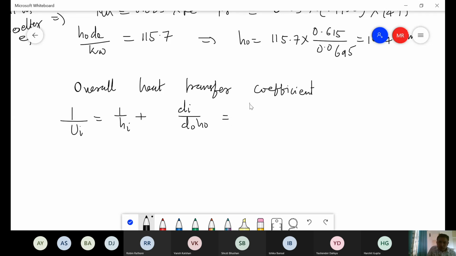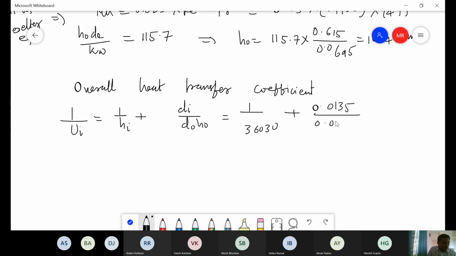So this becomes 1 upon 36030 plus Di is 0.0135. Outer diameter, again we have outer diameter considered in terms of the equivalent diameter, isn't it?